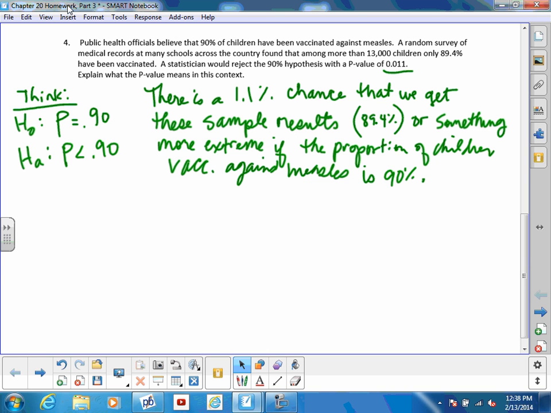Yep. So that's a good question. If you just used this instead of saying sample results, that's fine. Those are interchangeable because the 89.4% is the sample results. Okay? You don't have to put both. You don't have to put out of 13,000 either.